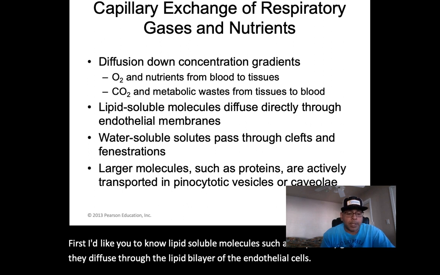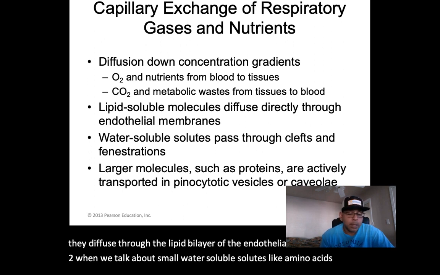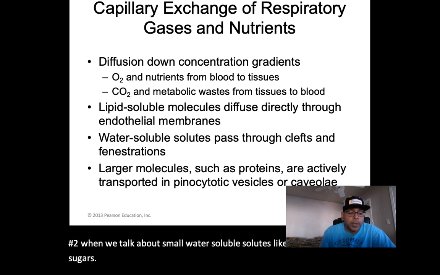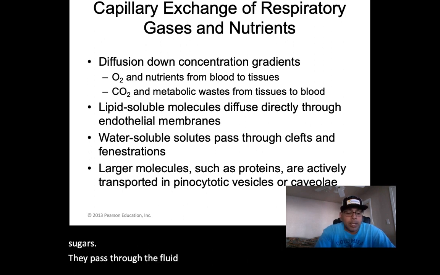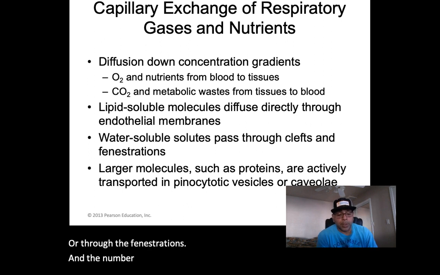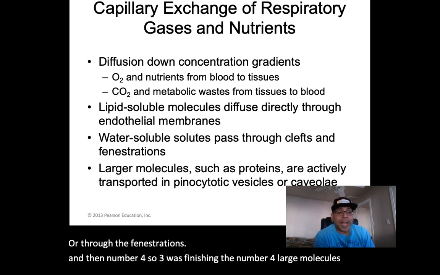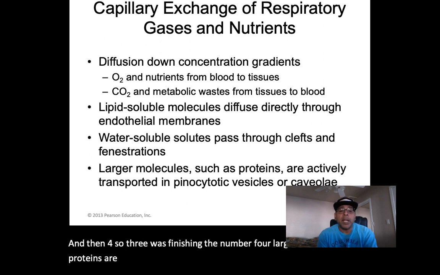Number 2, small water-soluble solutes like amino acids and sugars pass through the fluid-filled intercellular capillary clefts. Number 3 is through the fenestrations. And then number 4, large molecules like proteins are transported in pinocytic vesicles or caveolae.